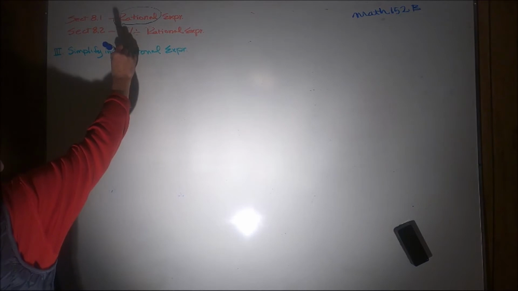Okay, for rational expressions, we are going to do some basic stuff, like simplifying, add, subtract, multiply, and divide, right? So, let's do some simplifying first. We are talking about rational things, rational numbers, or rational expressions.